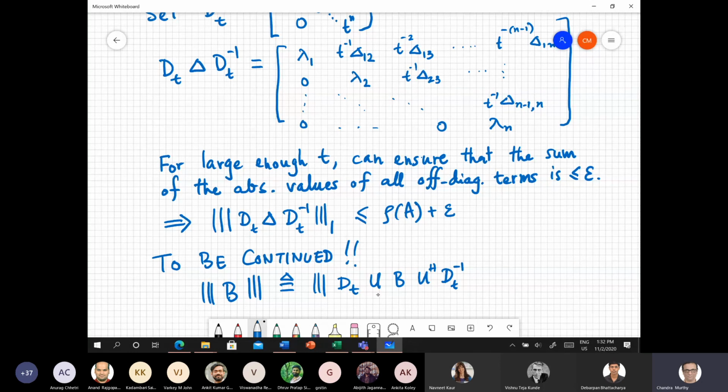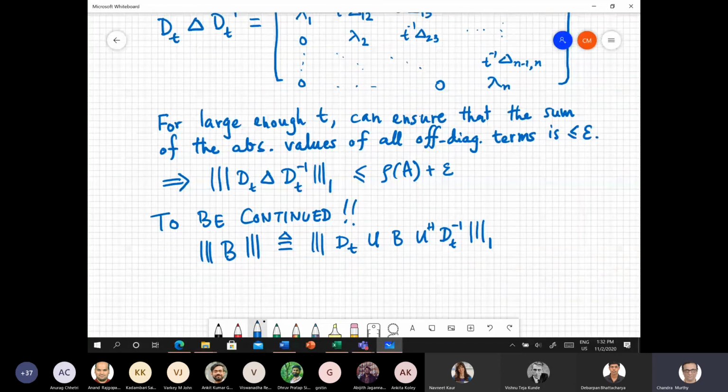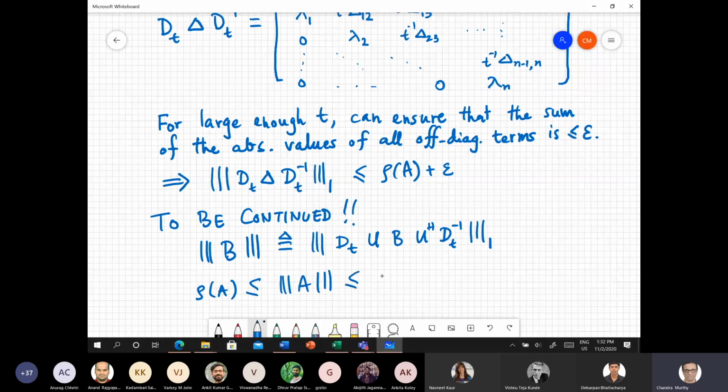So this is using that S inverse A S form. If I define it like this, it turns out that for this particular norm, rho of A is less than or equal to the norm of A, which is less than or equal to rho of A plus epsilon. So this is what we want to show, but we will continue this and show it a little more slowly in the next class.